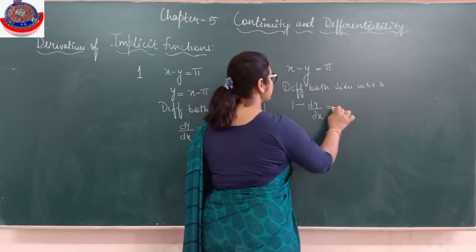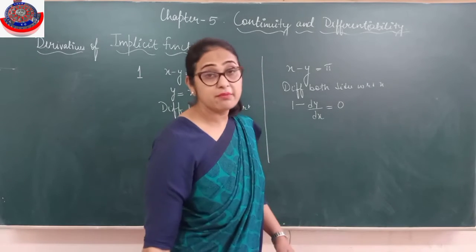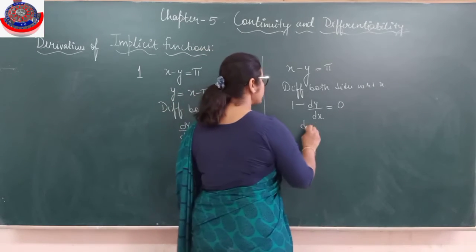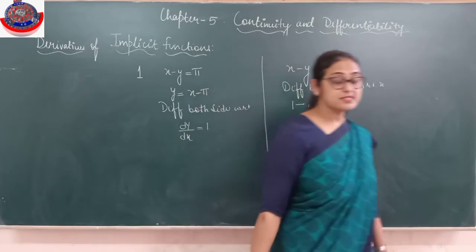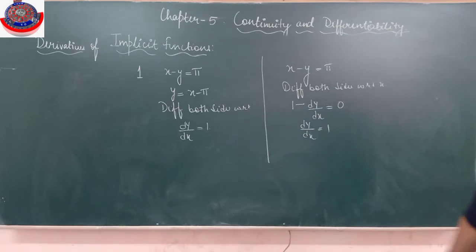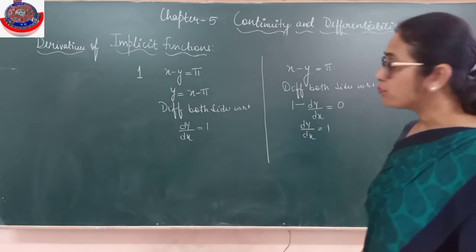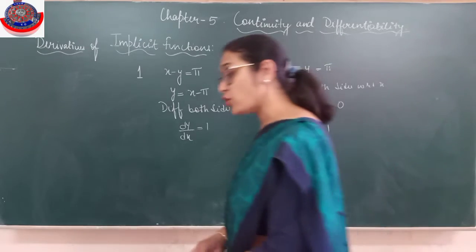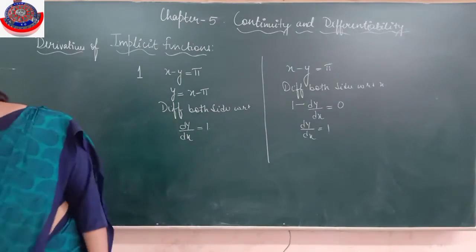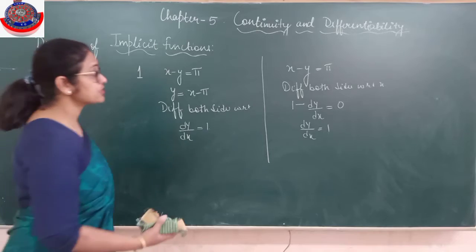Differentiation of pi being a constant with respect to any variable will be 0. So what we have got, dy upon dx is equal to 1. Is this clear? So that is simple. Either you bring it in the explicit form because in this question it was easy, in another question it may not be easy. So keeping both the variables on one side, you can differentiate it.